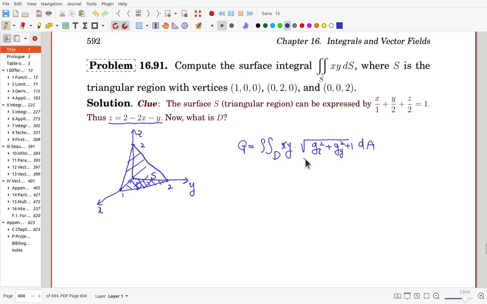Okay, let's try to get this. The scaling factor: the x derivative is -2, squared is 4, the y derivative is -1, squared is 1, and plus 1, so that is square root of 6. So here, the given integral is the same as, now square root of 6 is a constant, it can go out of the integral, and xy dA.